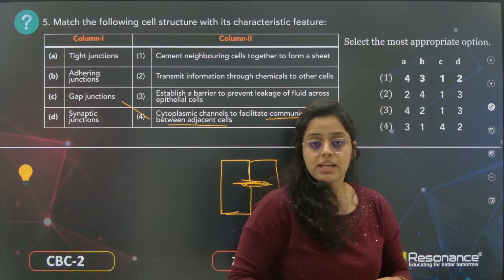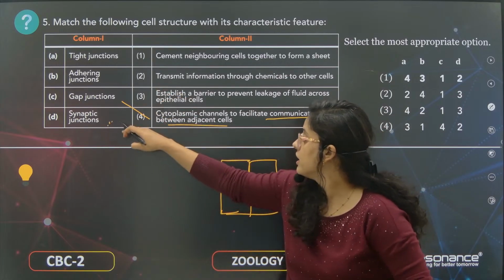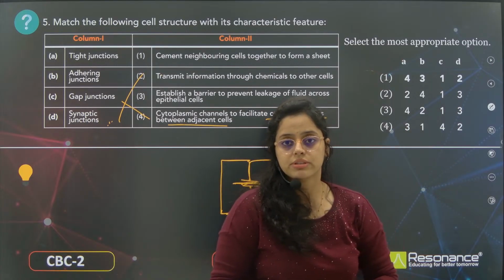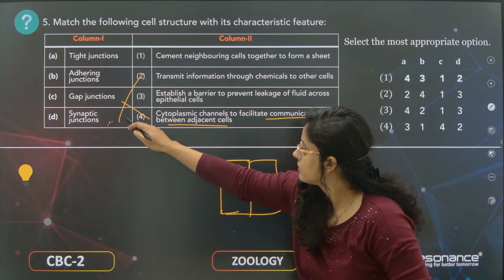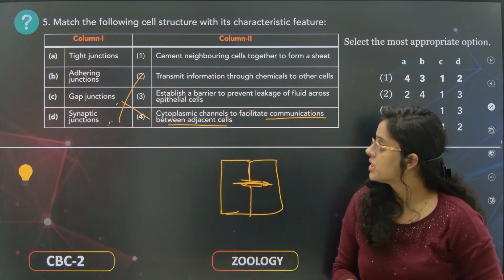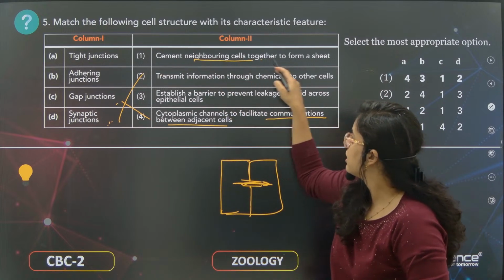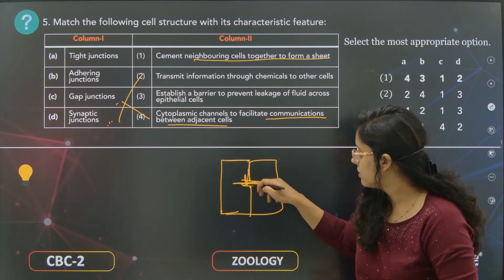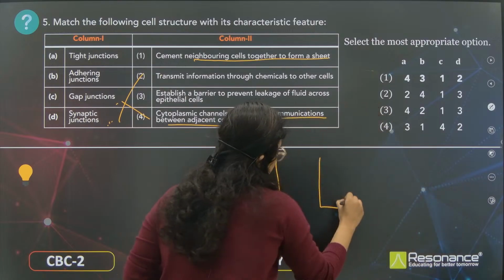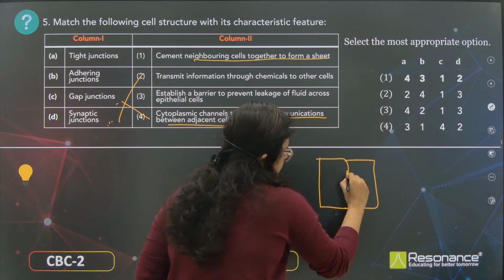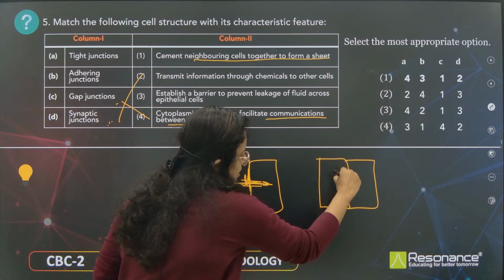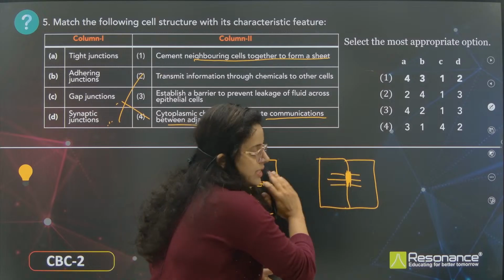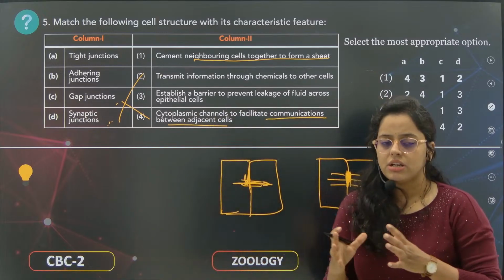So let us see, eighth, D1 is 2, D is 2 and C is fourth, right? Now the adhering junction has cement, a cement sheet-like structure between them. If you see the junction, it has cement-like structures, and actins are coming from this cell to that, which is very close to each other.